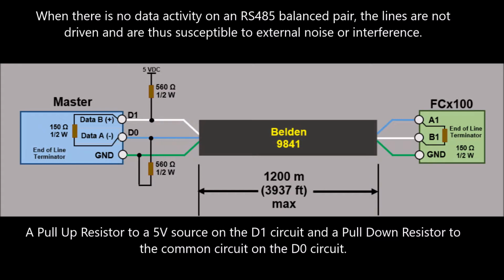To ensure that its receiver stays in a constant state when no data signal is present, the signal lines need to be biased from a single point on the bus at or close to the master. A pair of 560 ohm resistors can be connected on the RS485 balanced pair to bias the signals: a pull-up resistor to a 5-volt source on the D1 circuit and a pull-down resistor to the common circuit on the D0 circuit.